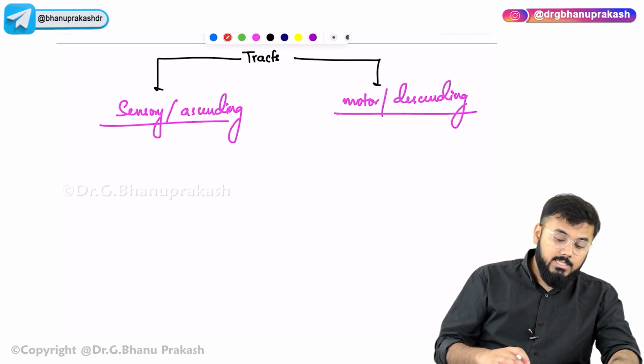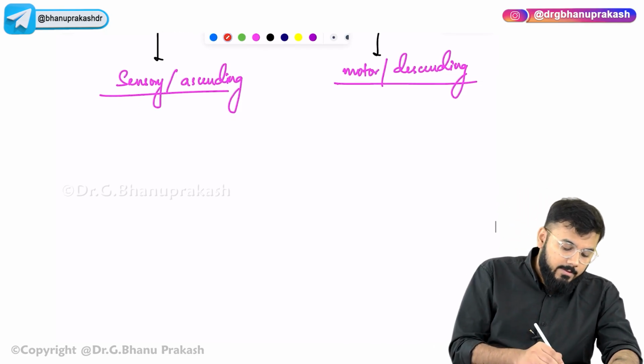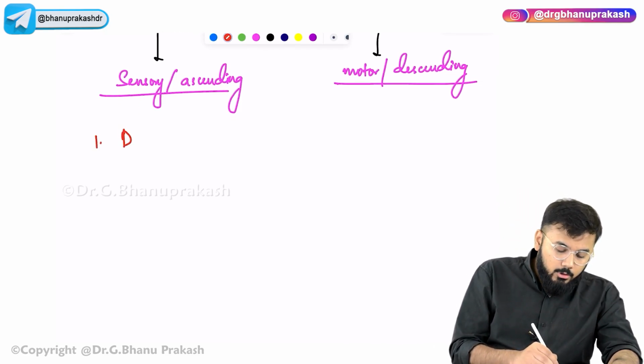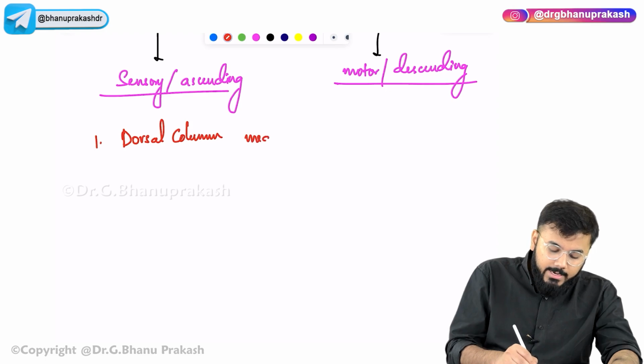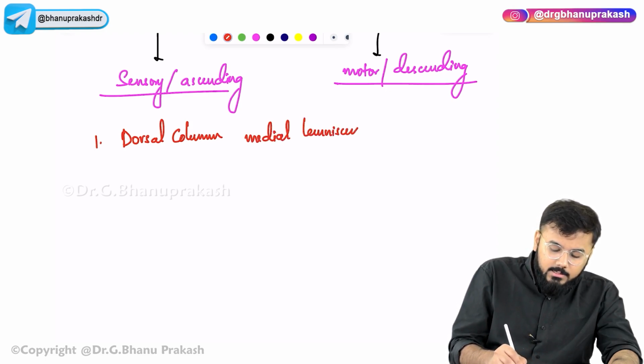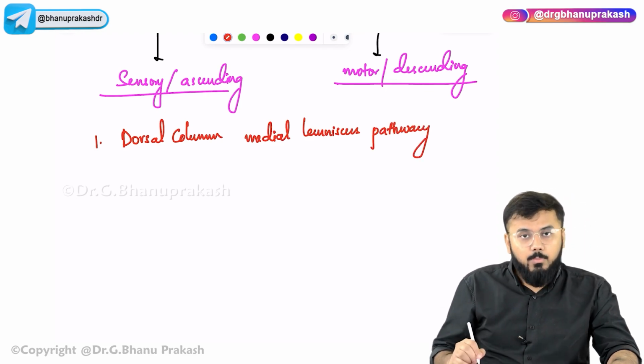Now when it comes to sensory or ascending pathways, here we have got four important types of tracts. The first one is dorsal column medial lemniscus pathway.